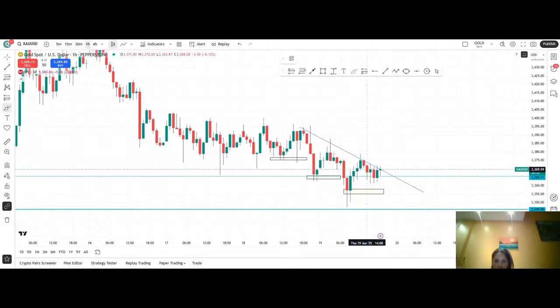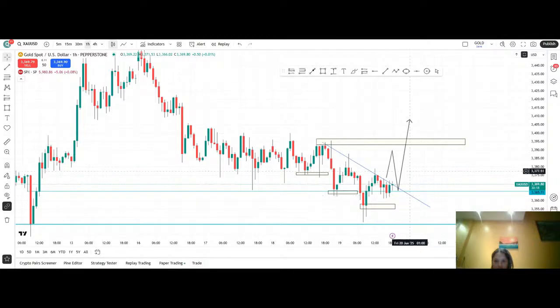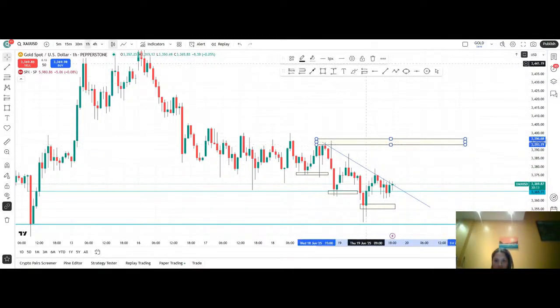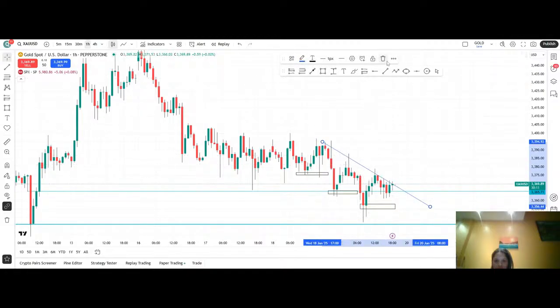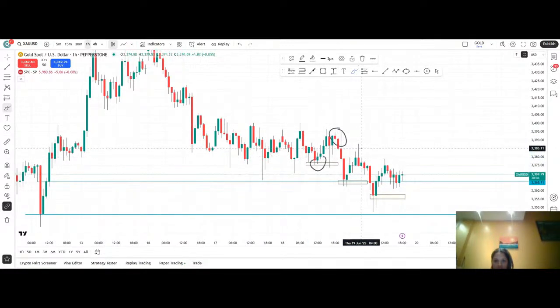So that also means if we get a break here now, then price would definitely go for these highs here. But let's wait and see on 1 hour what we are going to get. Like I said, you can see there's a lower low, higher low, lower low, higher low, lower low, lower high, lower low.